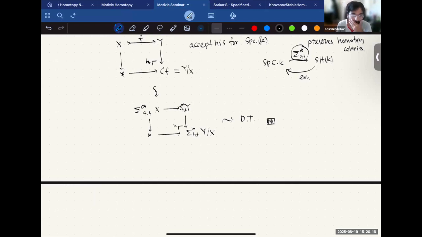Then we introduce a tool. I think it's one of the signature features when talking about Nisnevich schemes. Let's introduce that tool, and that tool is called upper distinguished triangle.